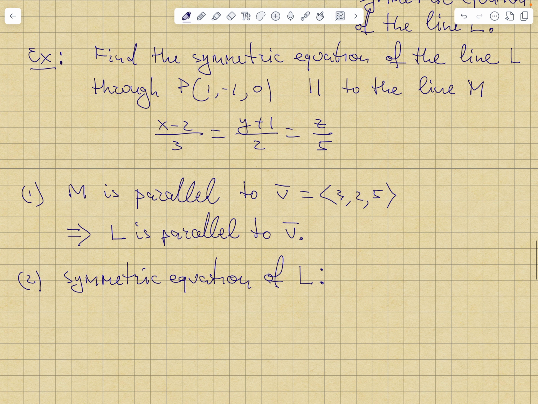So x minus 1 divided by 3, right? X component of a vector v, equal to y minus -1, y plus 1 divided by 2, equal to z minus 0, so z over 5. Right, and that is the equation that I'm looking for. That's a symmetric equation of my line.